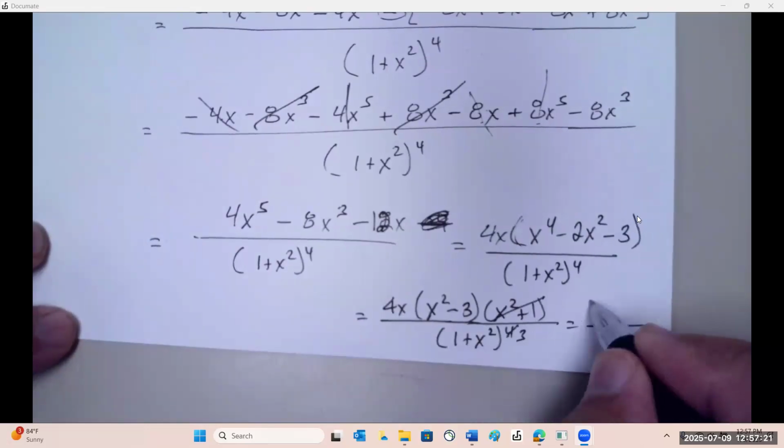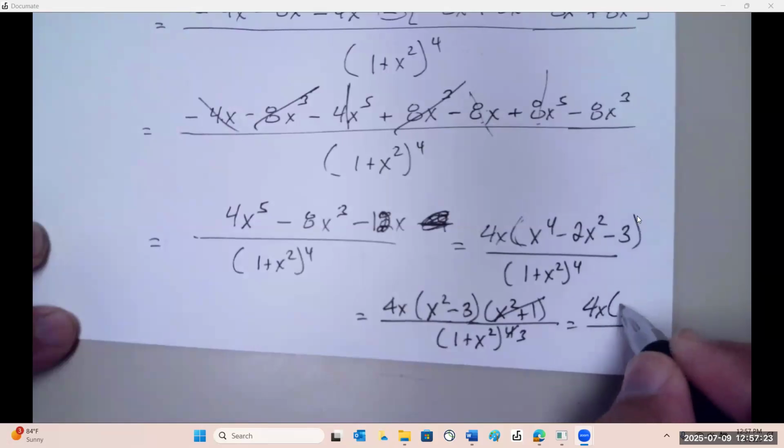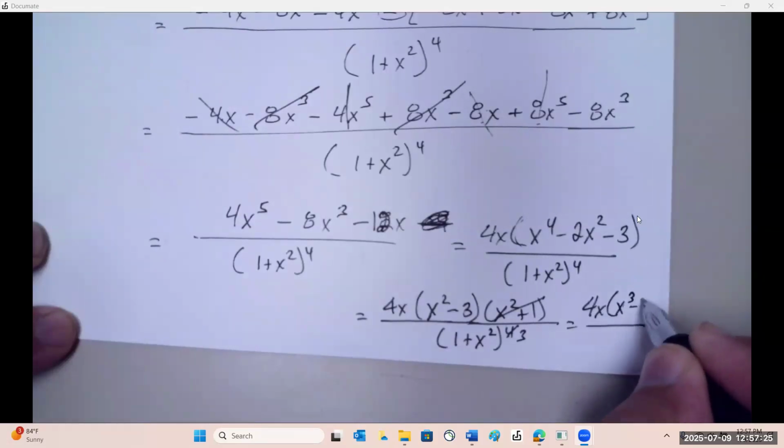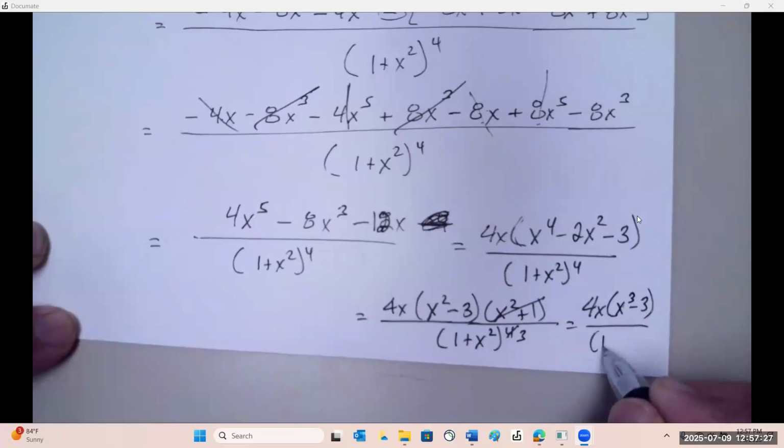So our simplified version is 4x times (x squared minus 3) over (1 plus x squared) cubed.